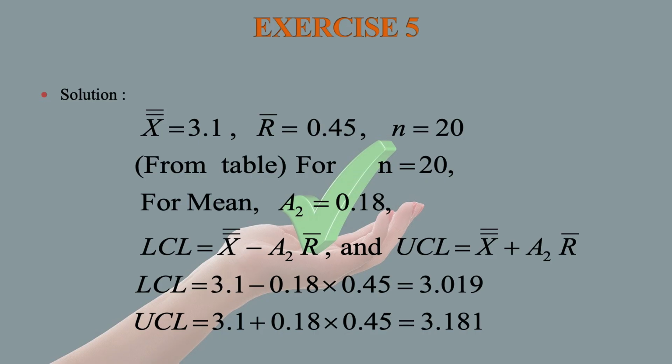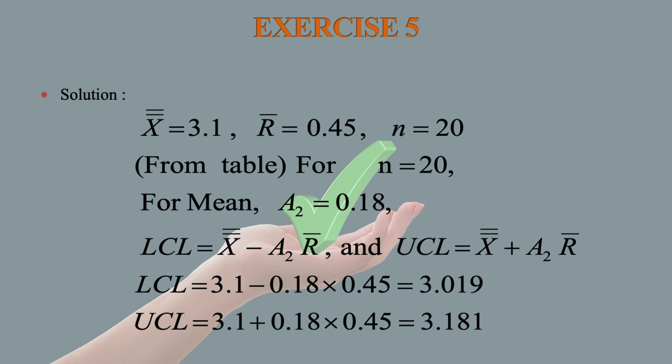Now let us see how we can proceed. We have calculated the mean of means, that comes out to be 3.1. The mean of range we have calculated is 0.45, and the value of n is given, and for this value of n you can get the value of A2 from the statistical table. For this case, A2 is equal to 0.18.